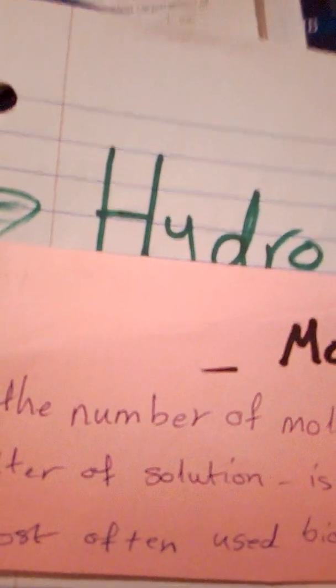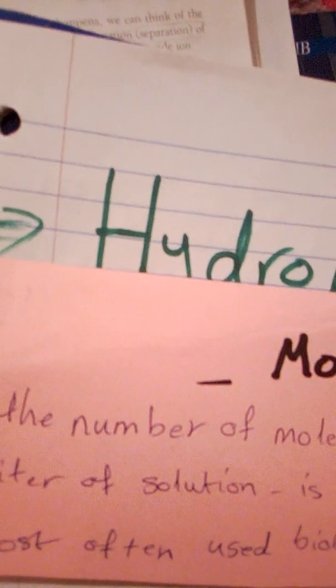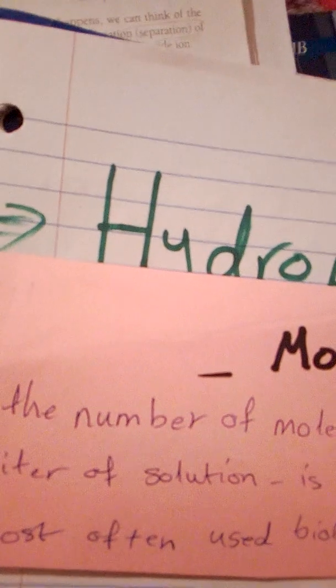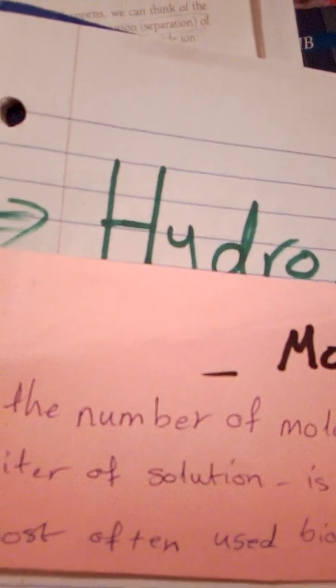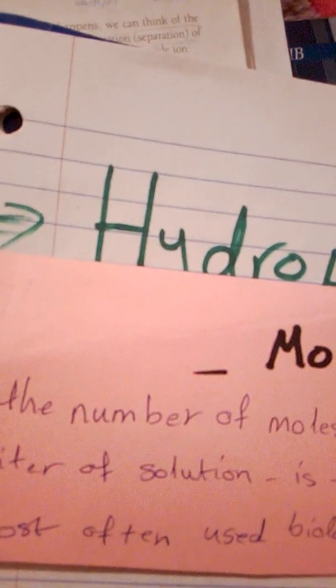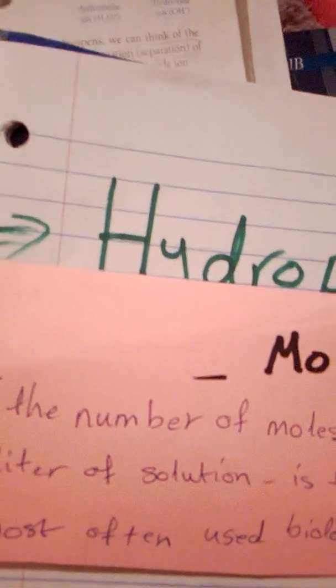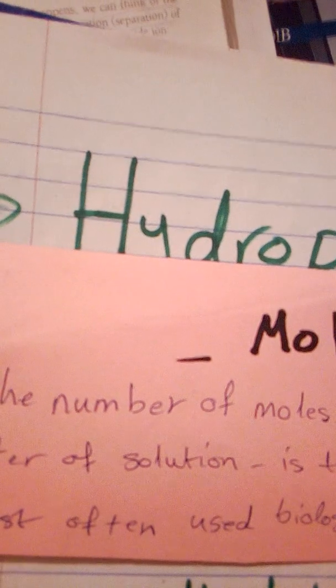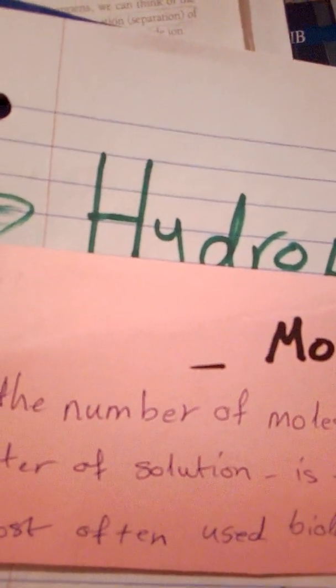How would we make a liter, L, of solution consisting of 1 mole of sucrose dissolved in water? We would measure out 342 grams of sucrose and then gradually add water while stirring until the sugar was completely dissolved.